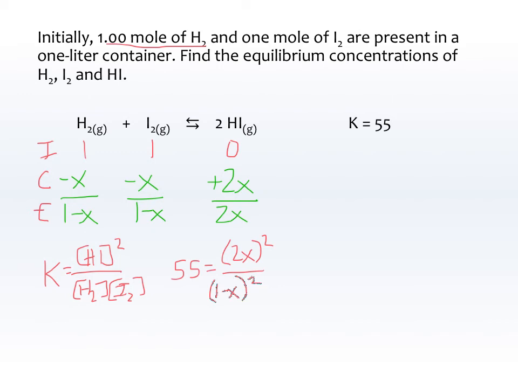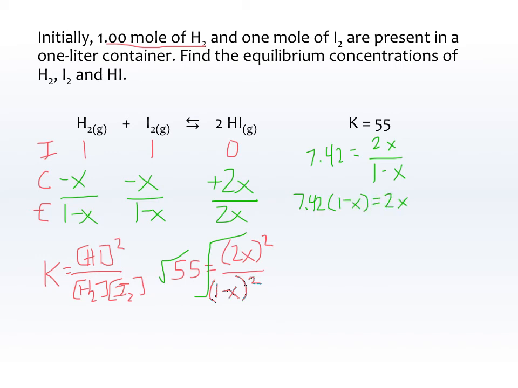And when we do that, we could take the square root of both sides. So the square root of 55 is 7.42. The square root of 2x squared is 2x. The square root of 1 minus x squared is 1 minus x. Now we're going to cross multiply. 7.42 times 1 minus x equals 2x.